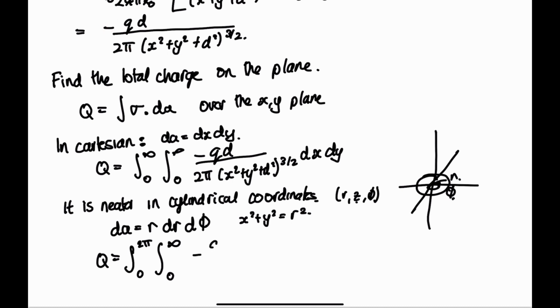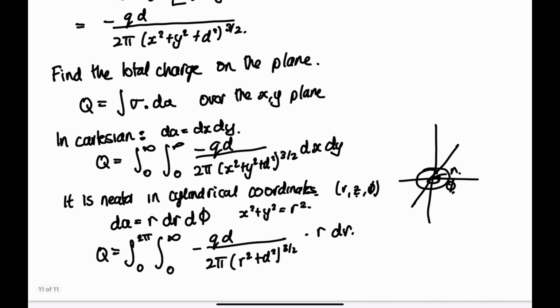So this is minus Qd divided by 2 pi, and x squared plus y squared is now r squared, so that's r squared plus d squared to the 3 on 2 times r dr. I thought I'd put this vertical to give us more room, but even with that, we're running out of room. And then that's d phi.